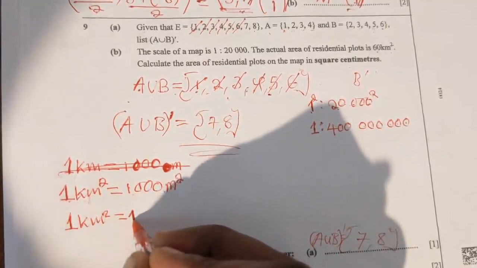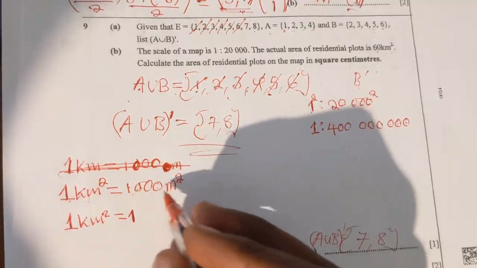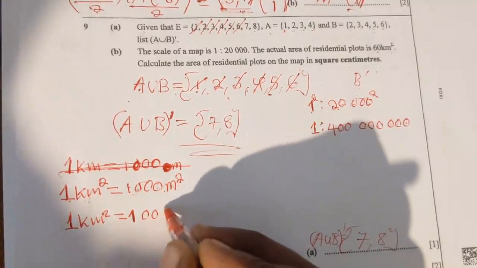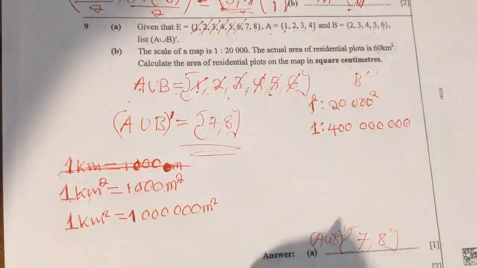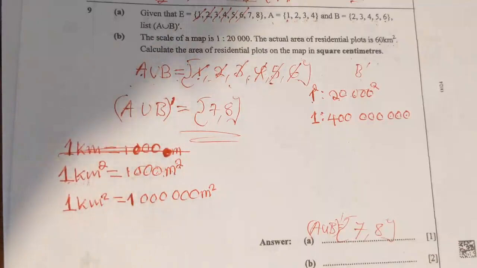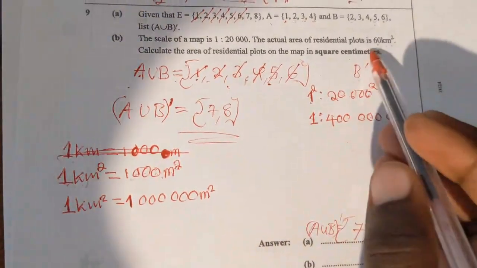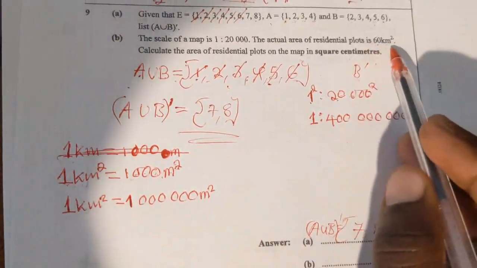When you square 1, it is just 1. When you square these zeros, they come times 2. These zeros are 3, so you are going to have 6 zeros, like this, meter squared. Are we together? So now, if we look at our area, it is 60 kilometers squared.